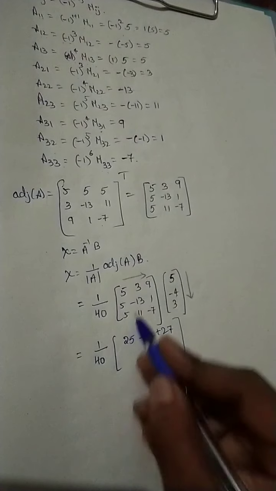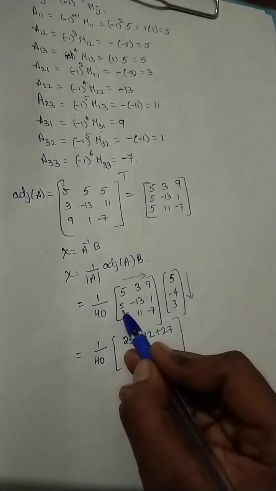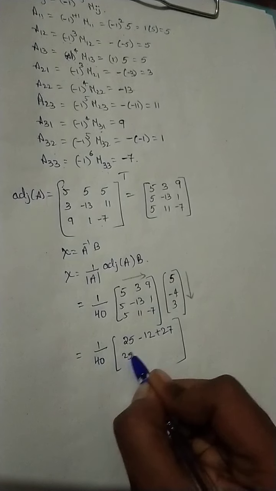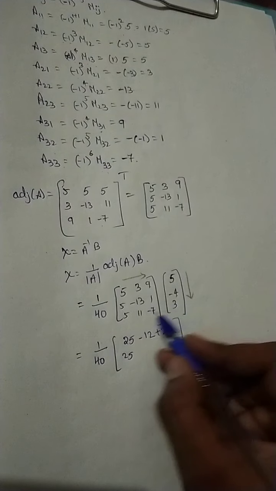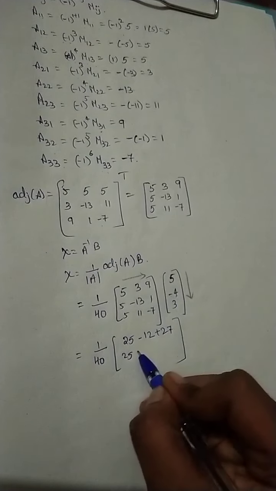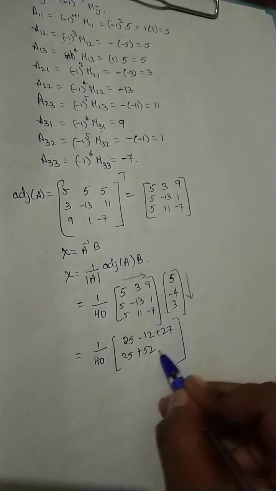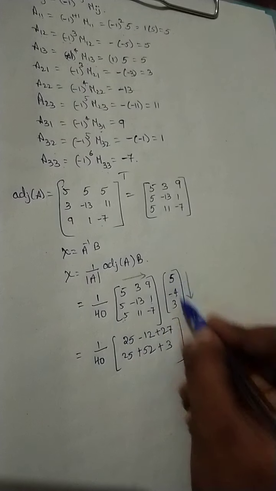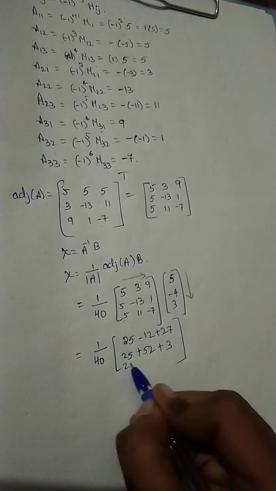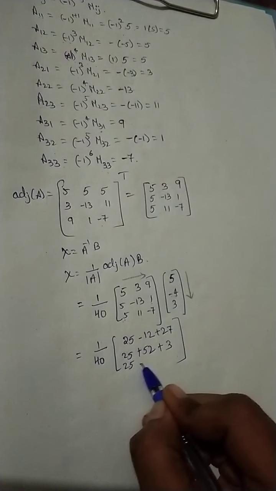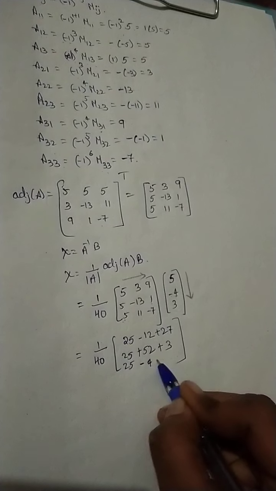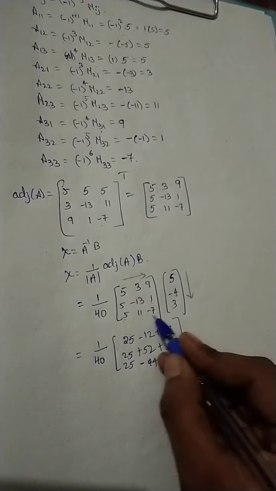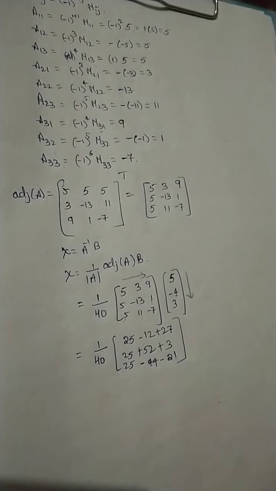The same way the second row: 5 into 5 is 25, 13 fours are 52, negative into negative is positive 52, again plus 1 three is 3. Again the third row with the column value: 5 into 5 is 25, 11 into 4 with the negative sign is 44, minus 7 threes are 21. Okay, so this is our value.